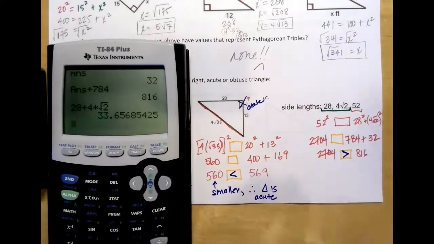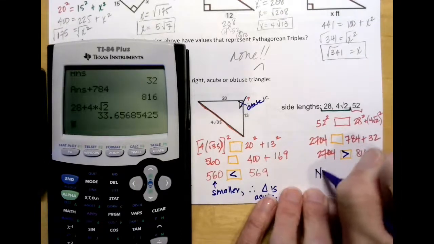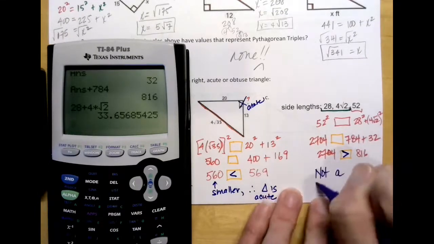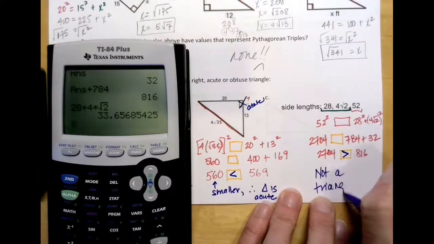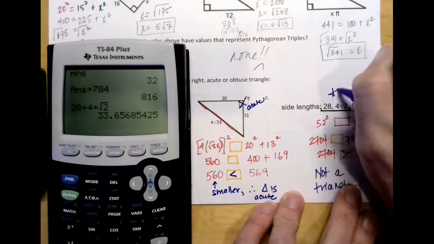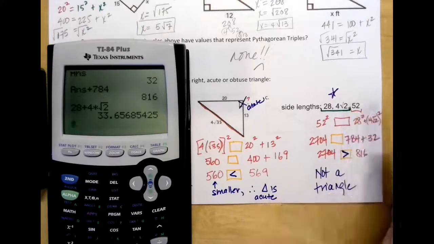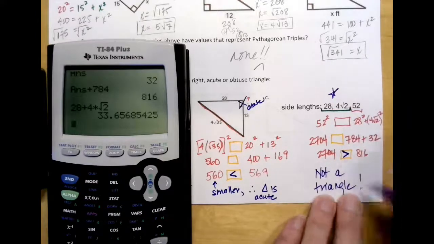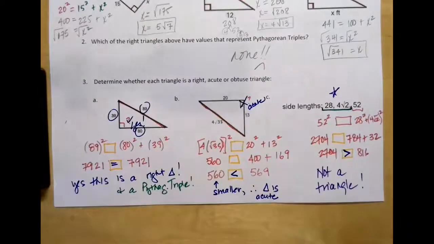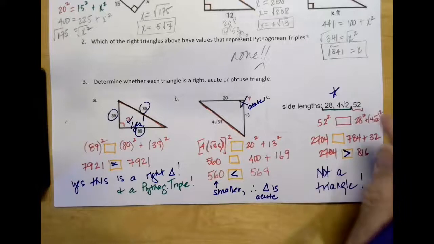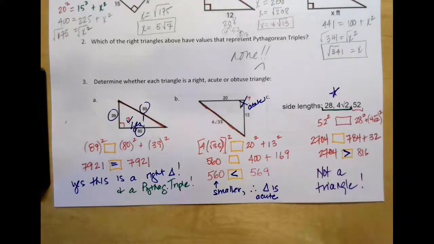We got a problem here because this one is not even a triangle because of this relationship up here. So when we're doing these, if you get an answer of obtuse, you want to make sure, first of all, is it even a triangle?